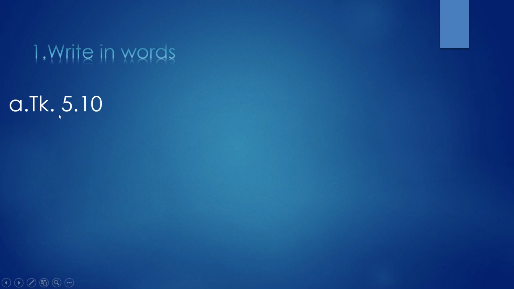The digit before the dot is the unit of taka, and after the dot, these two digits mean paisa. So before the dot the value is taka, and after the dot the value is paisa.